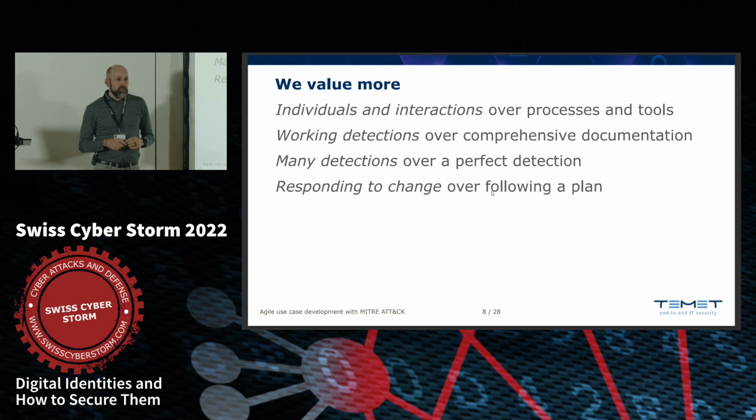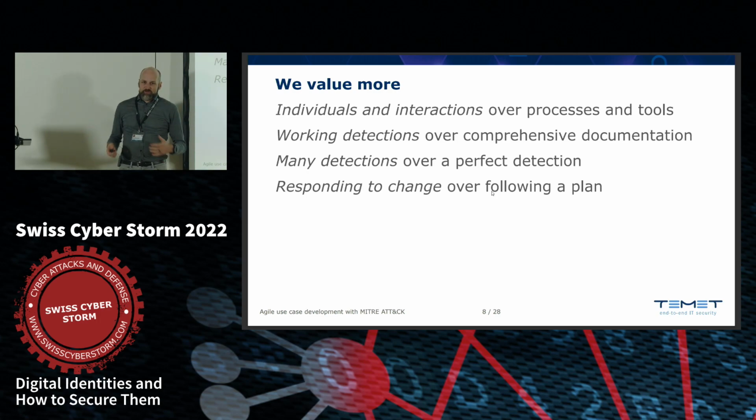The second statement is we value working detections more than comprehensive documentation. Here I adapted the notion of working software to working detection, but it's also something that is in the original Agile Manifesto. And I also think that's very important, also something I have seen a lot at customers. They have extensive documentation.